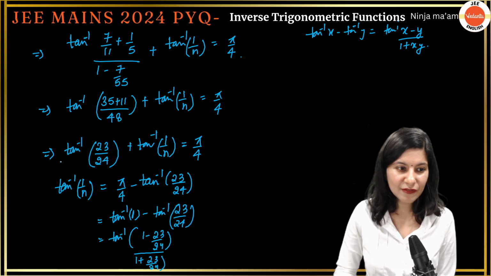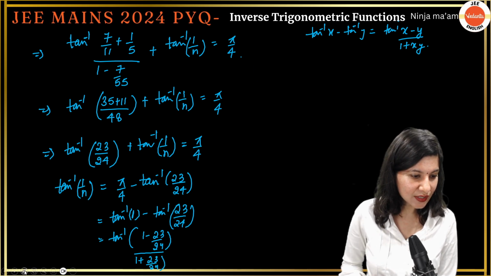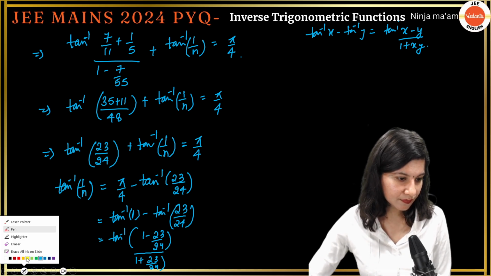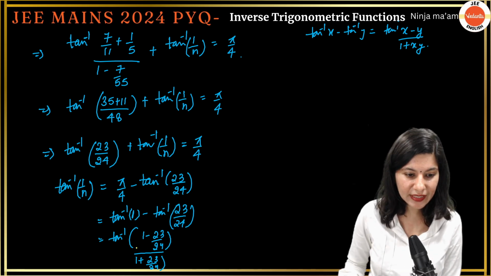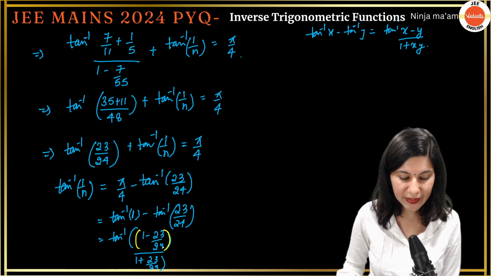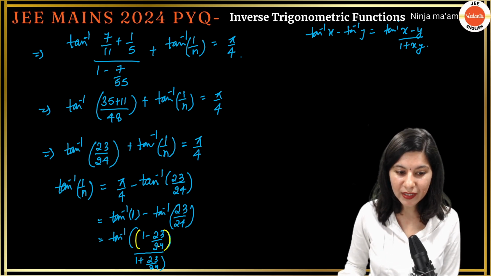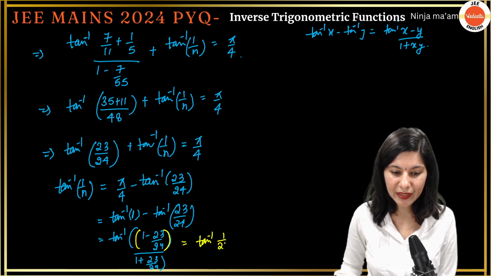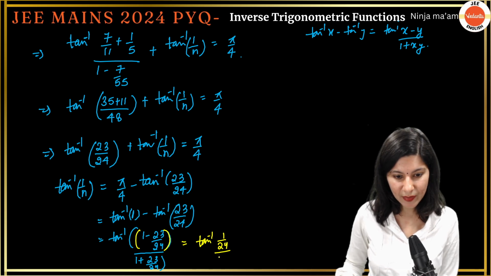Okay, so finally, let me change the color. Finally, what I'm getting is 1 by, so this will become what? Tell me. 24 minus 23. So 1 by 24. So this is tan inverse 1 by 24 upon 47 by 24.